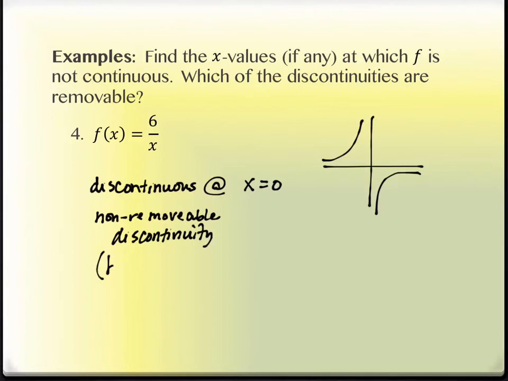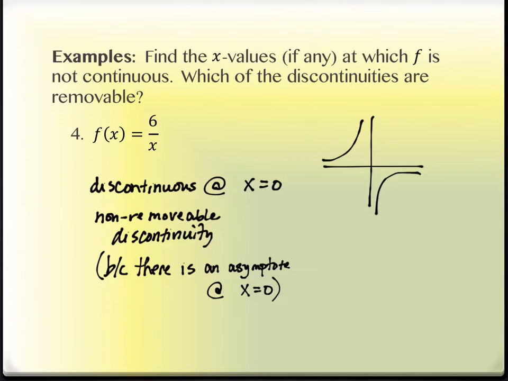And I would write yourself a note that says this is because there's an asymptote there. So it's an asymptote at x equals 0 is the equation of that asymptote. So if you have an asymptote, you have a non-removable discontinuity.